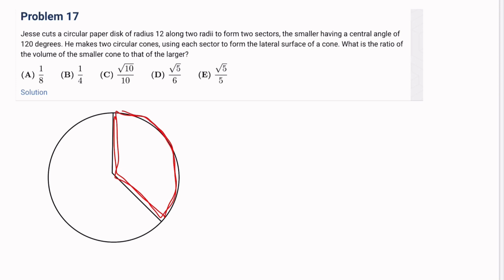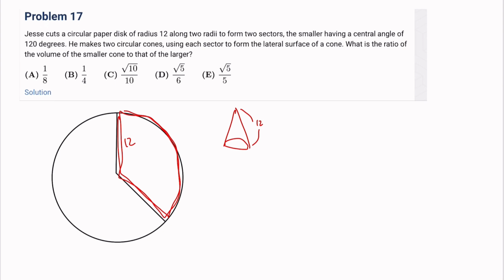And so for this part, the radius is 12, so if we have a cone, we can say that this slant length is 12, right? And for the radius of the base, we need the circumference, which is basically this length right over here, and that is 1/3 of the whole circumference.